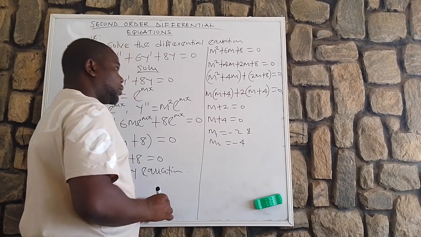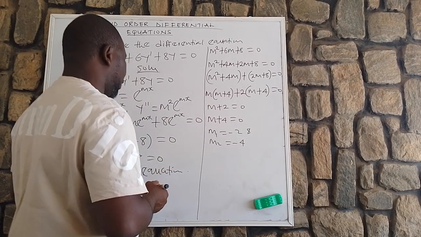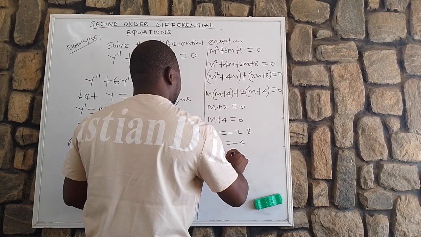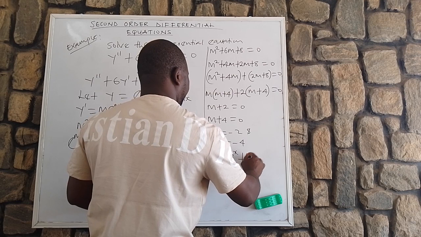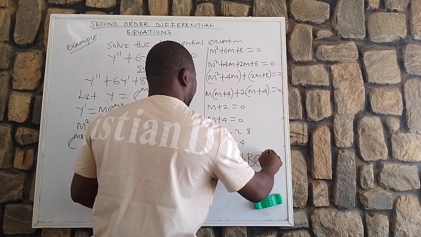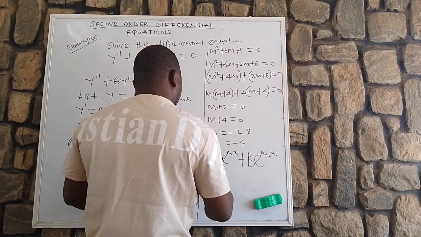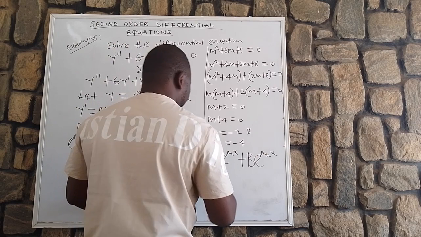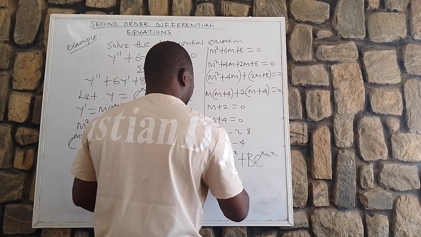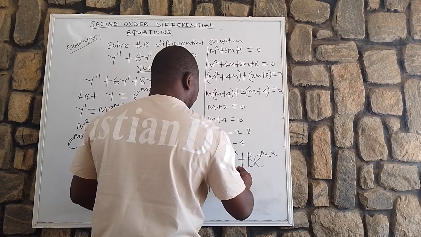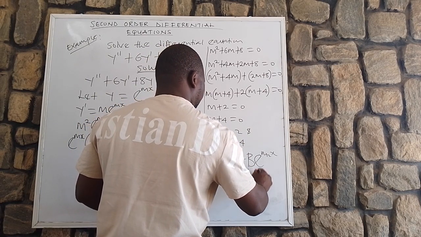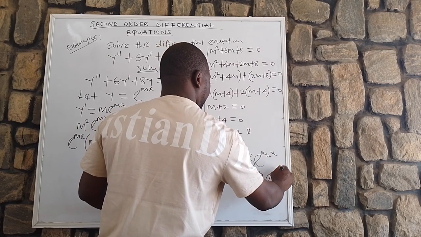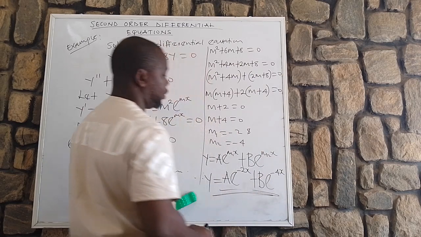Now the general solution will be y equals a e^(m1 x) plus b e^(m2 x). So our general solution will be y equals a e^(-2x) plus b e^(-4x). This is how you are going to solve it.